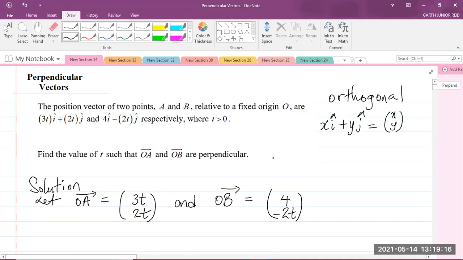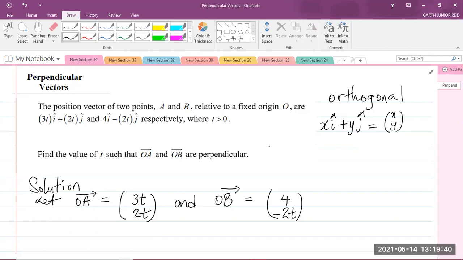Good. Now it says we are to find the value of t such that vector OA and vector OB are perpendicular. So how do we do that now? We normally use the dot product, otherwise called the scalar product, also called the inner product of vectors.